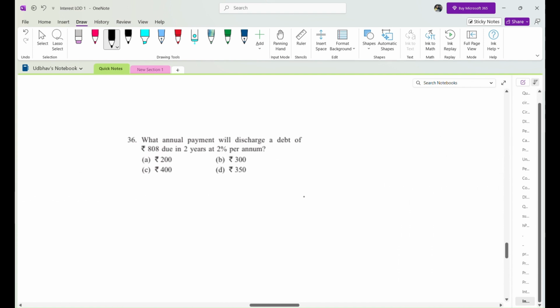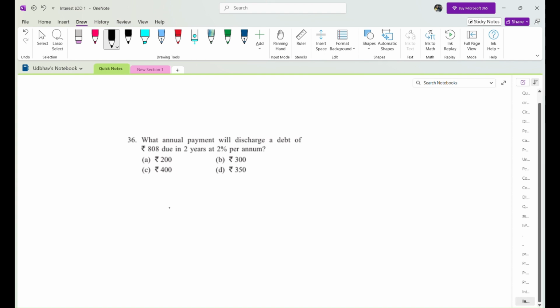What annual payment will discharge a debt of 808 due in 2 years at 2% per annum?